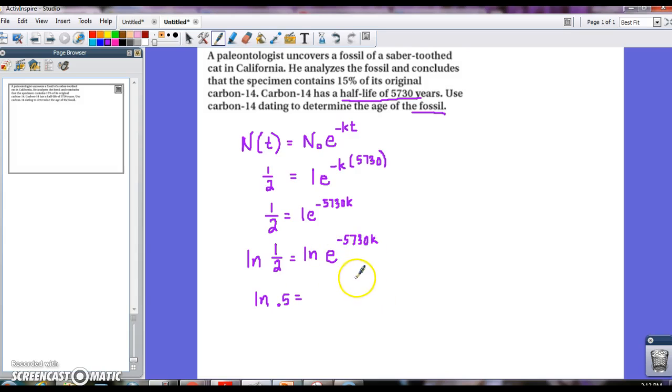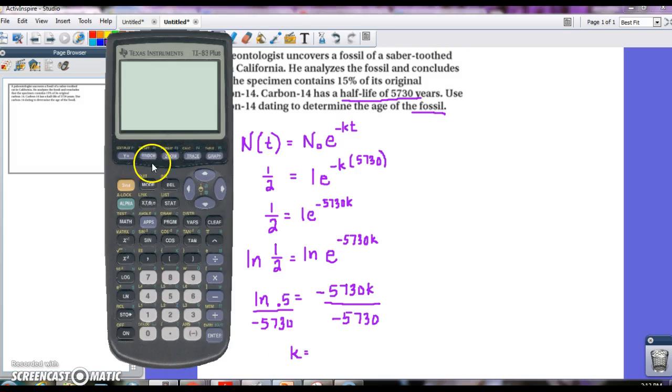And over here, we talked about this in class today: if I'm taking ln of e to some power, the answer is just that power, negative 5730k. To solve for k, I'm going to divide both sides by negative 5730.